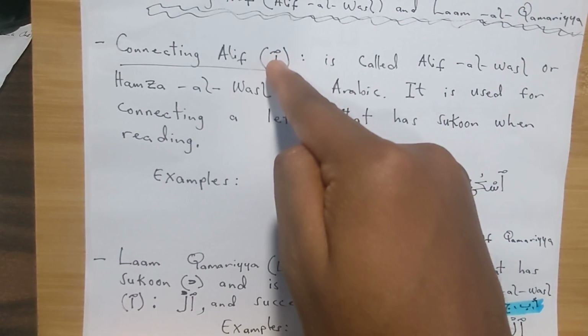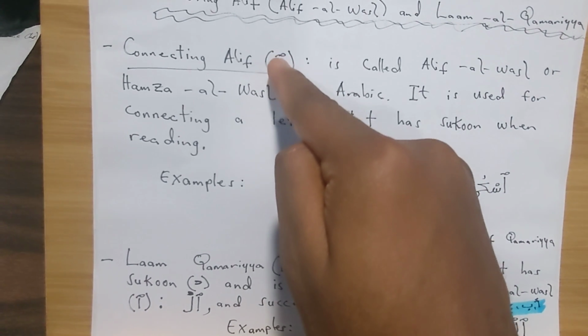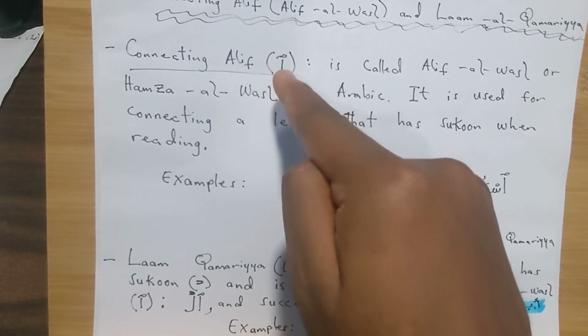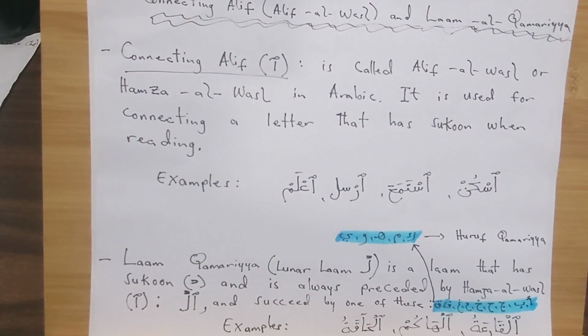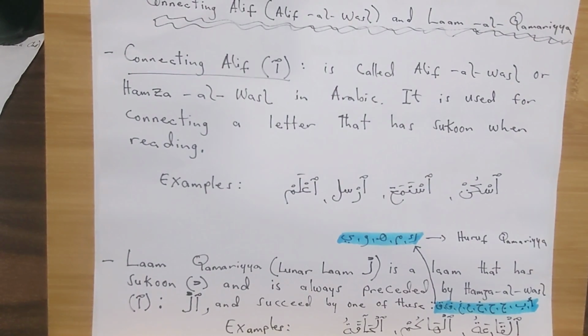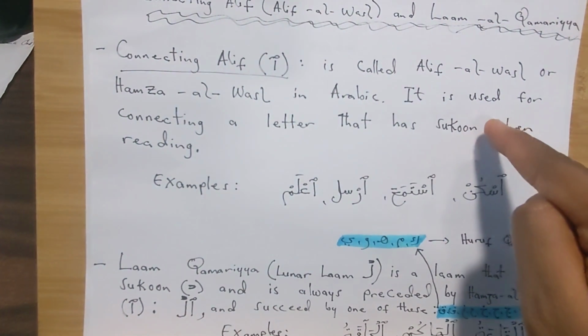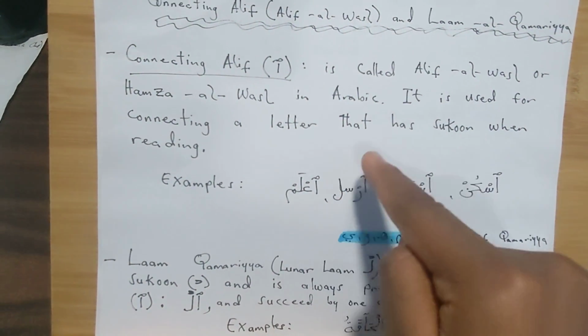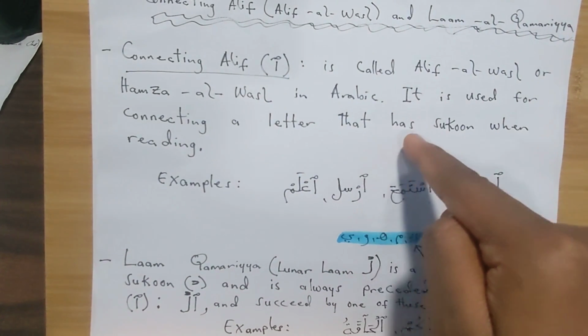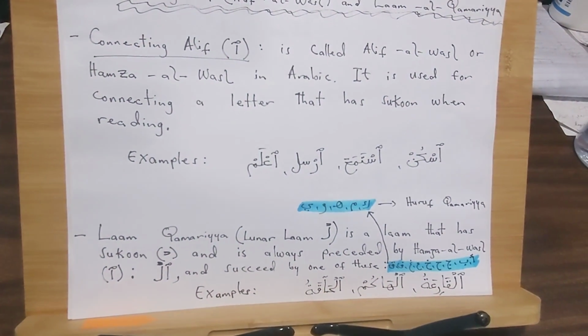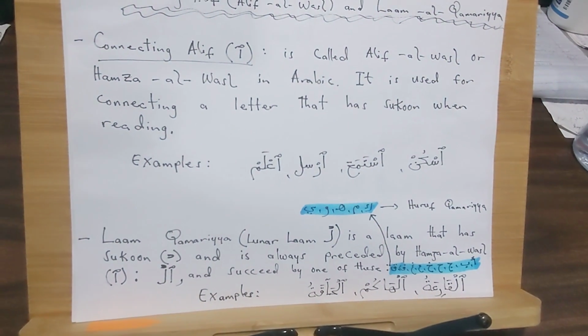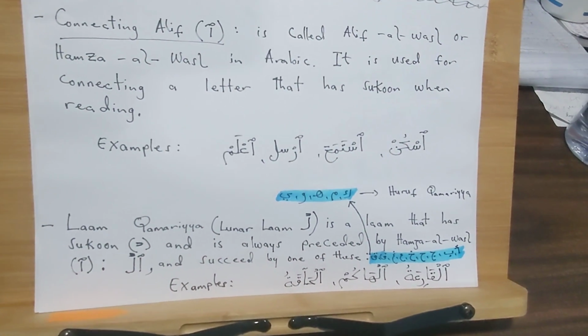So wherever you see this in the Quran, with this on top of it, know that it is Hamzatul Wasl or Alif al-Wasl. The Hamzatul Wasl is used to connect a letter that has sukoon when you're reading.